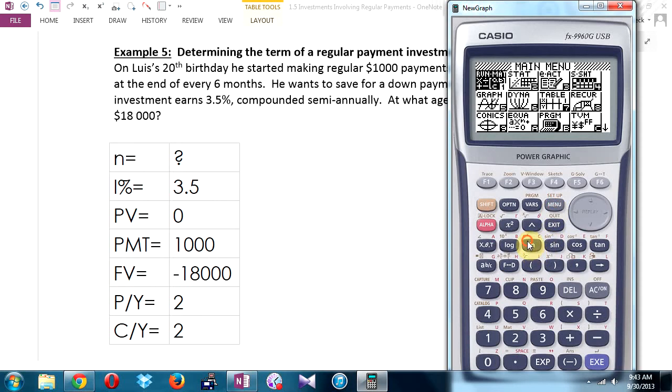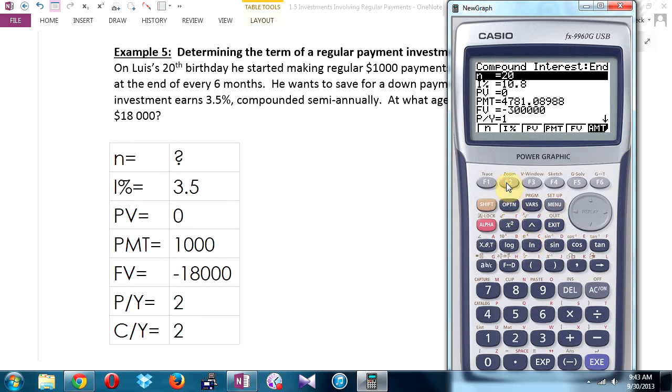Menu, compound, N. Don't know, put a temporary 0 there. 3.5%, 0, 1,000, negative 18,000, 2, and 2. What do you get for N?